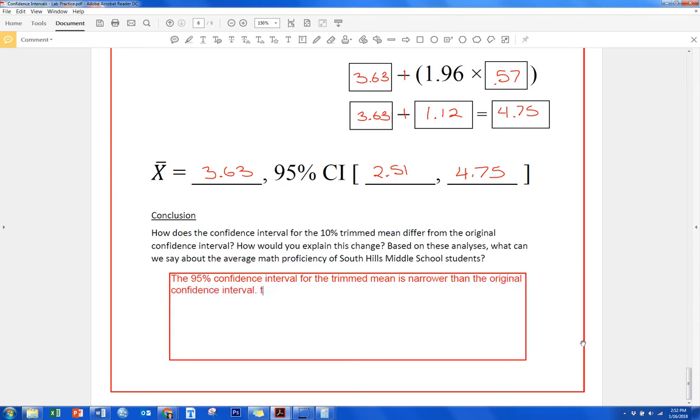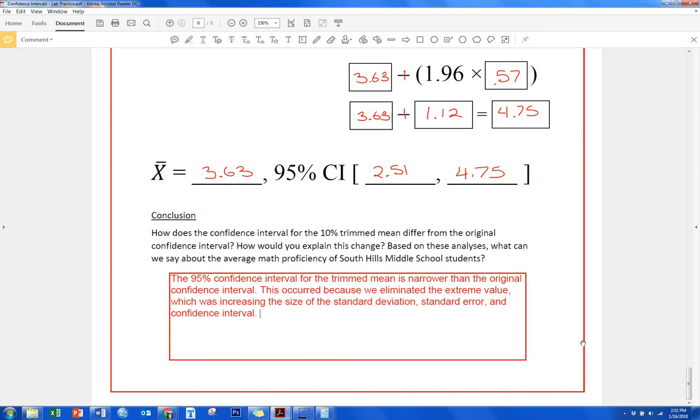This occurred because we eliminated the extreme value, which was increasing the size of the standard deviation, standard error, and confidence interval. Okay. So we got rid of that, narrowed that confidence interval.